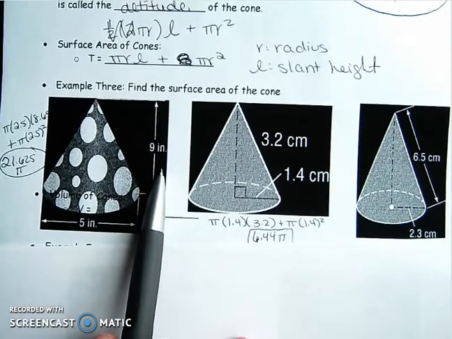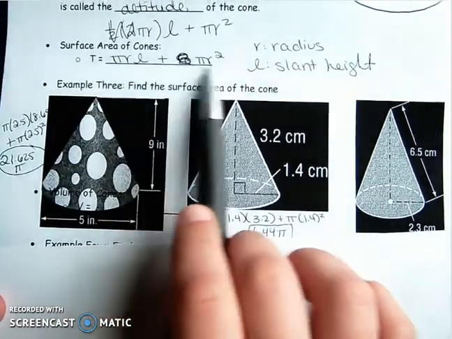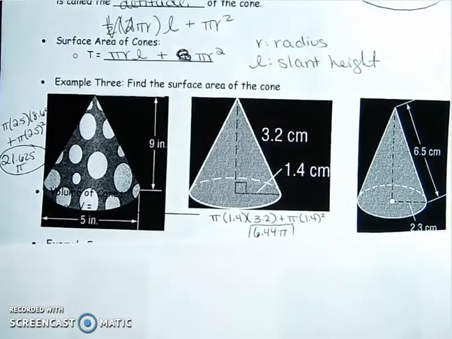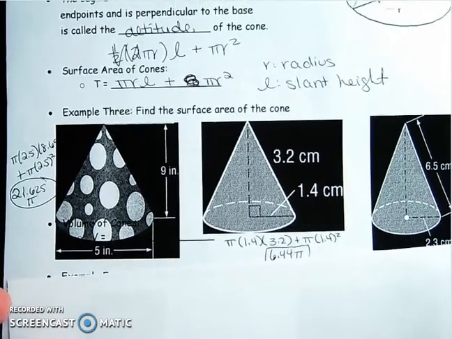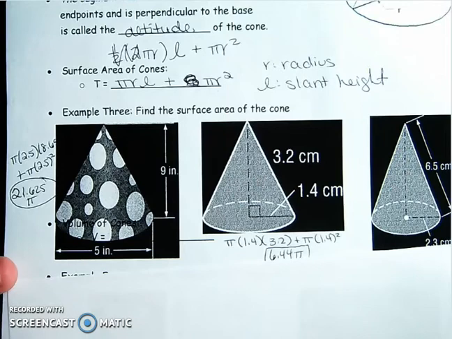You need to be careful because remember, height is not used in these surface areas because height is from the center to the vertex. We don't need that. We need the slant height to see how much paper would cover that party hat. So we use our Pythagorean theorem to find that the slant height is actually 8.65.